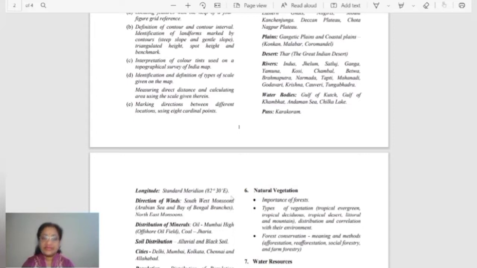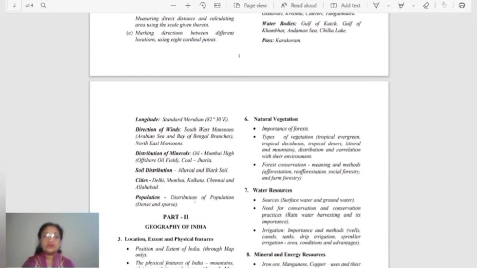Now come to the next thing, that is the latitude. Latitude and longitude, actually one latitude and one longitude we had to mark in our syllabus, and out of these, one latitude was the Tropic of Cancer and one longitude was the standard meridian of India.